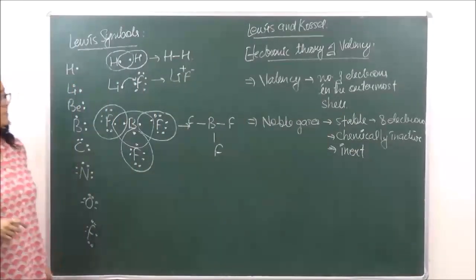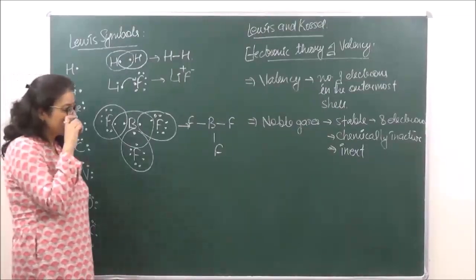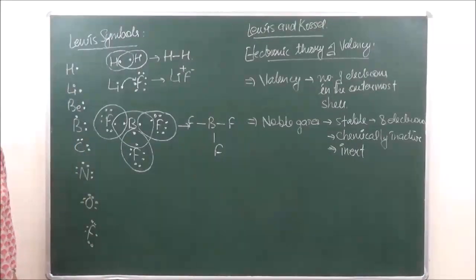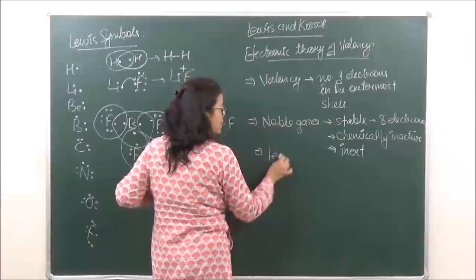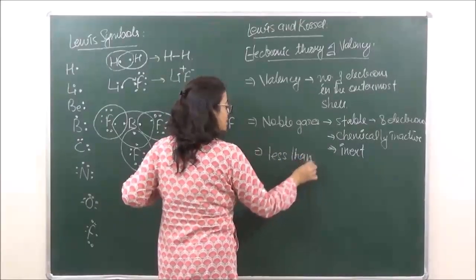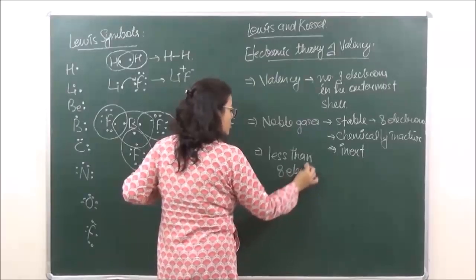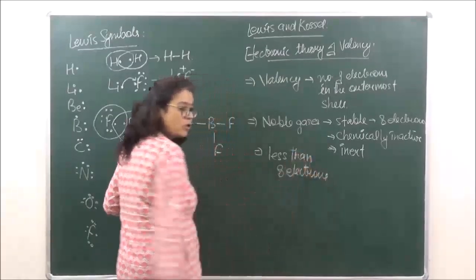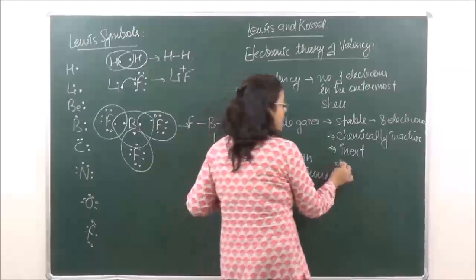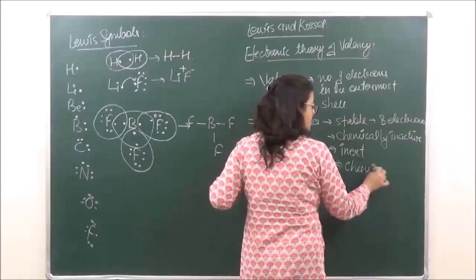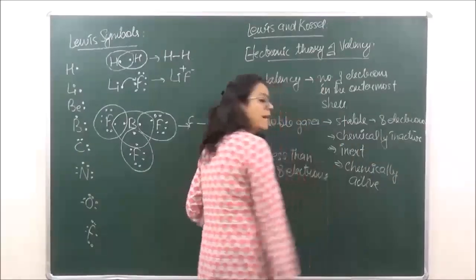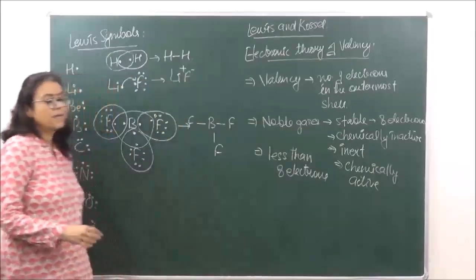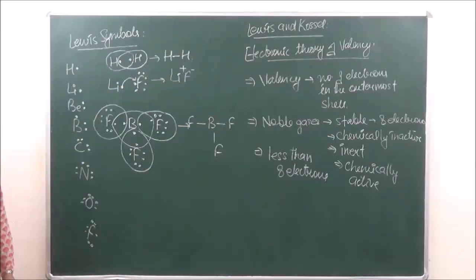Then number 3, all atoms having less than 8 electrons in the outermost shell are chemically active, which means that they can participate in chemical reactions, right?